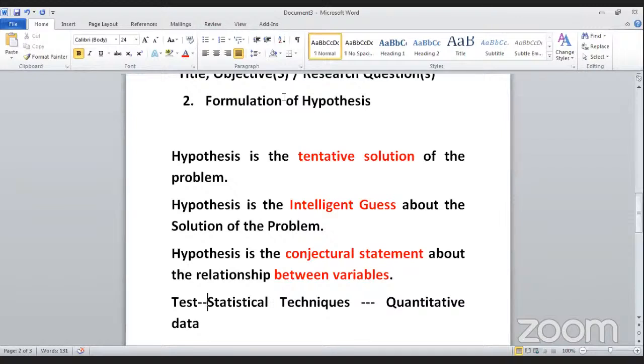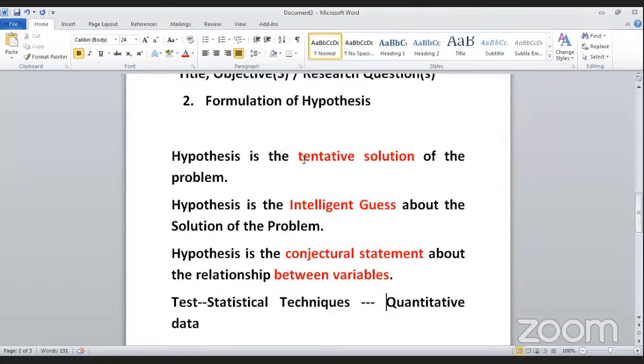So in qualitative research, the formulation of hypothesis as a step will not be there. But if you have quantitative data, which can be analyzed with the help of statistical techniques, then you can test the hypothesis, and then you should formulate the hypothesis.